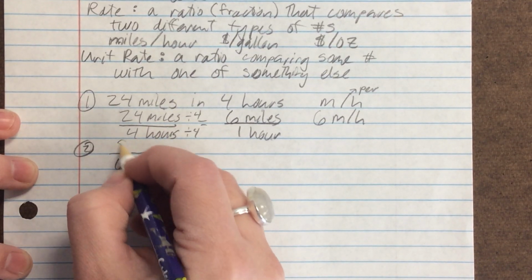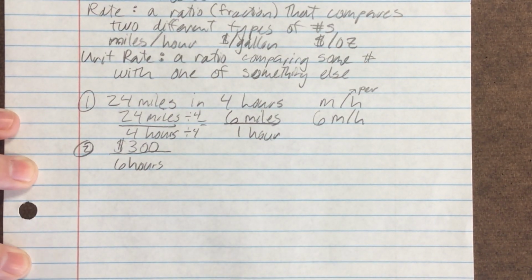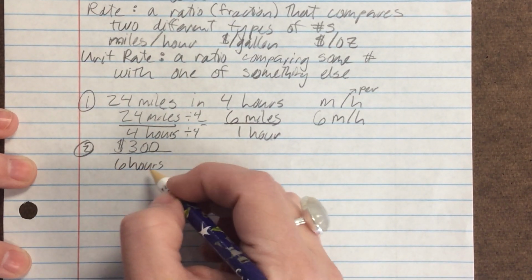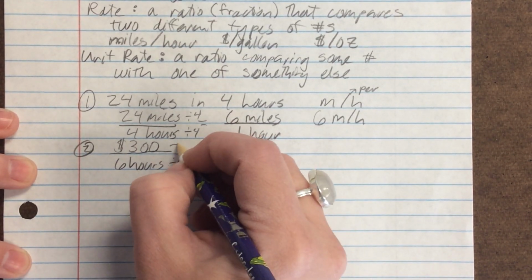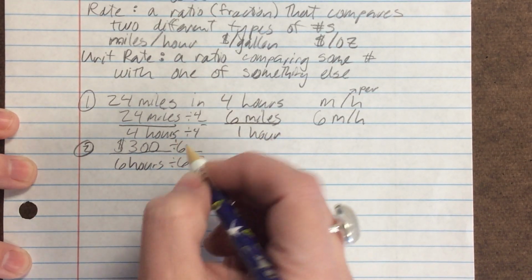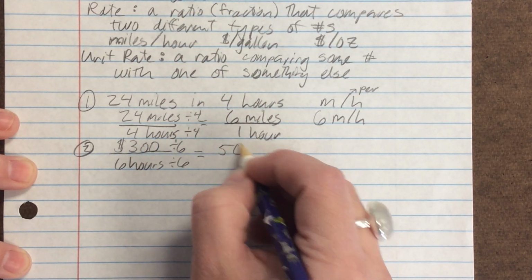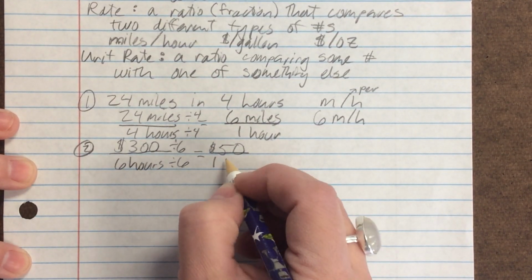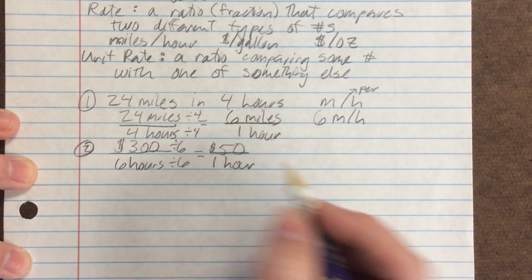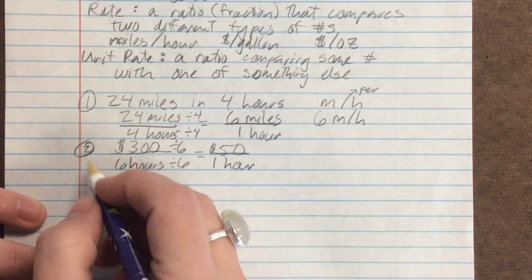And I made $300. Okay, so I need to divide the top and the bottom by 6. 6 goes into 30 5 times with 0 left over. And then 6 divided by 6 is 1 hour. So that means I make $50 per hour.